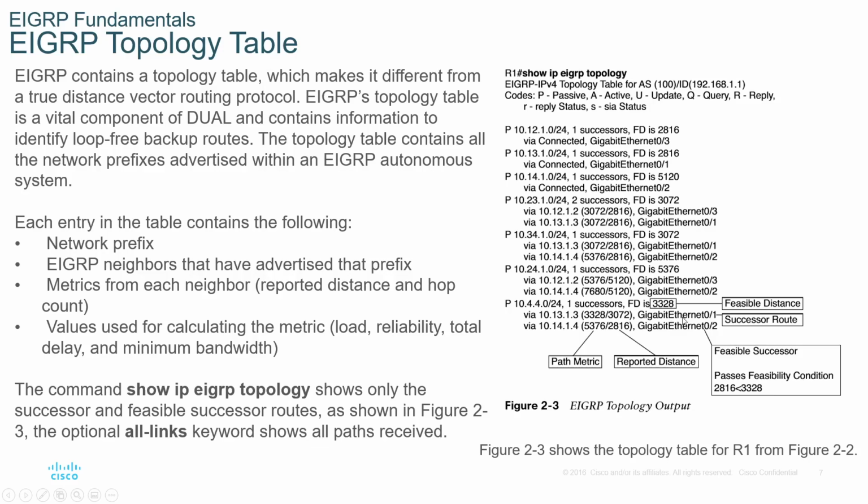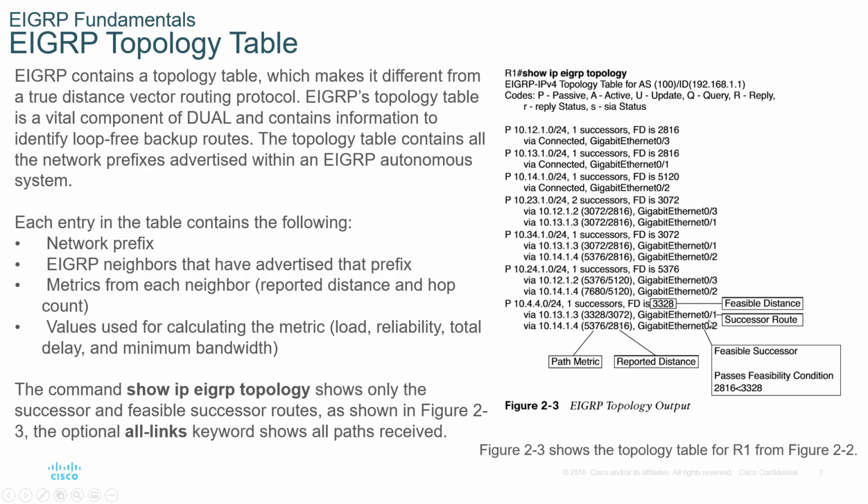The successor route is via 10.13.13, and there's our 3328, which is the metric, and the next value in the brackets is the reported distance from our neighbour, which is connected via gigabit Ethernet 0/1.